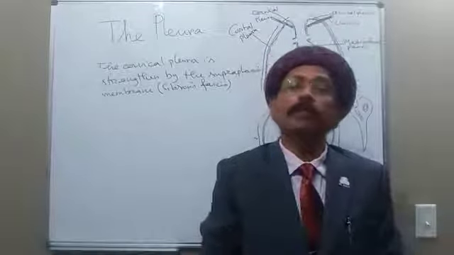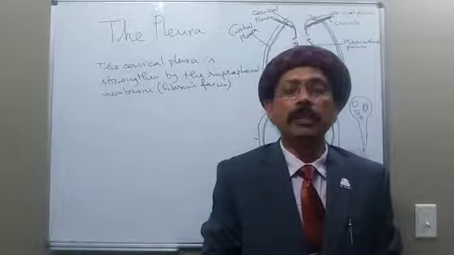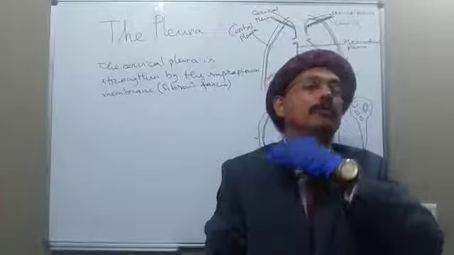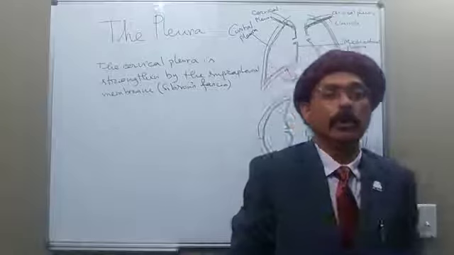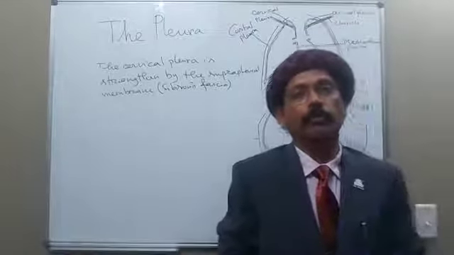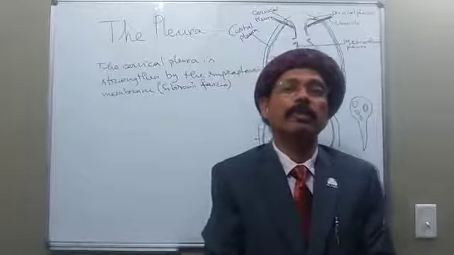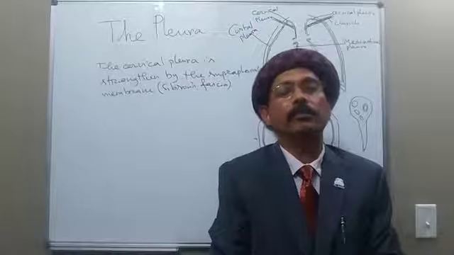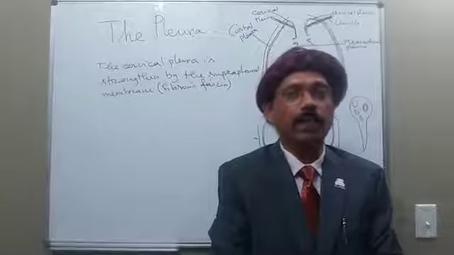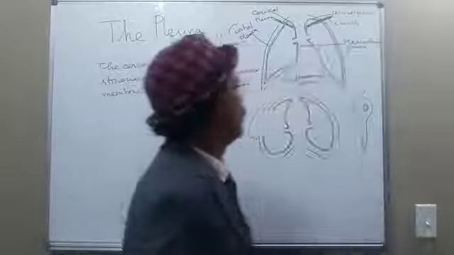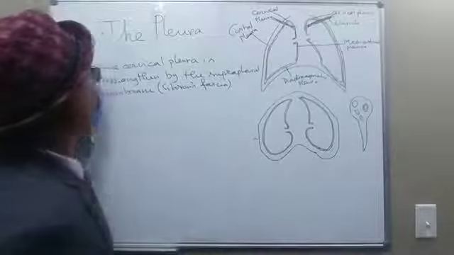Even if we take a very deep breath in, inspiration, the pleural cavity does not blow out into the root of the neck due to the presence of the suprapleural membrane. So it is the thickening of the endothoracic fascia. It is also strengthened by muscle fibers from the scalene muscles. Okay, so we got the cervical pleura.